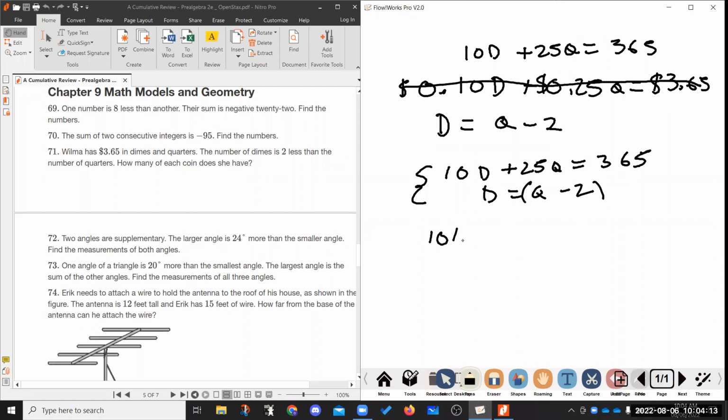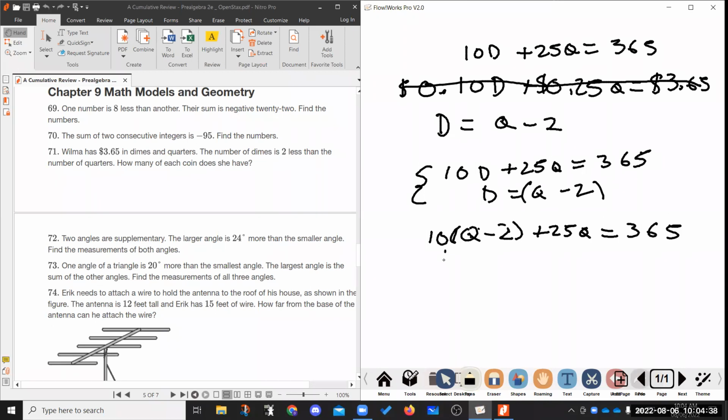10 times quantity q minus 2 plus 25q is equal to 365.